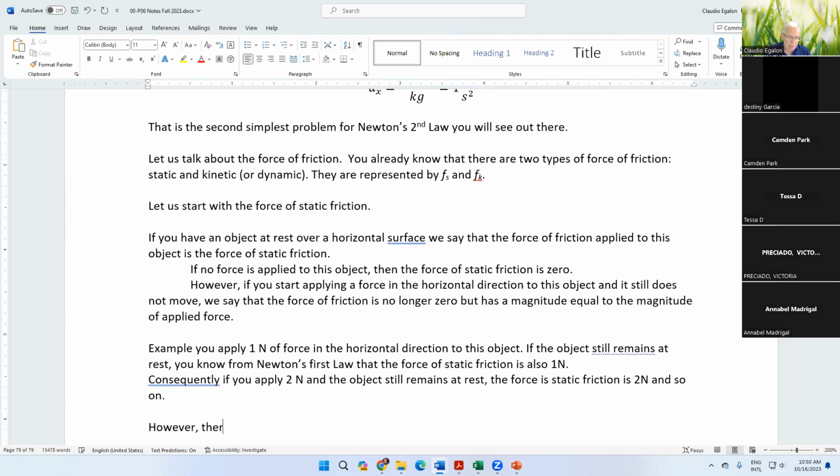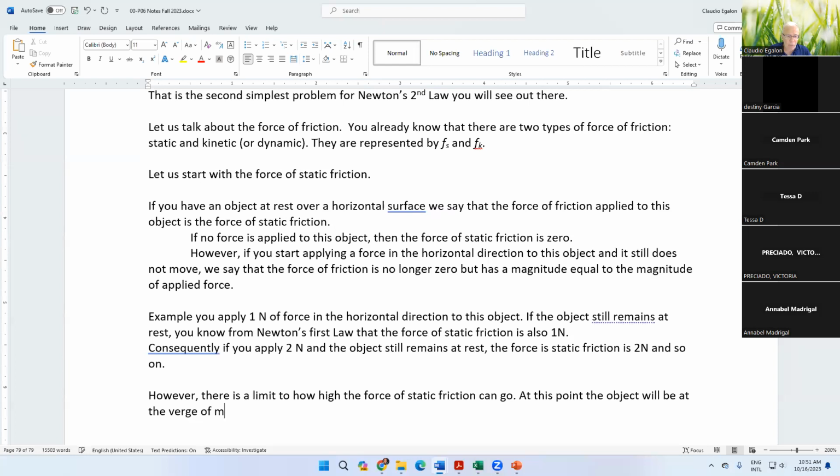However, there is a limit to how high the force of static friction can go. There's a limit to that. Okay. At this point, the object will be at the verge of motion.